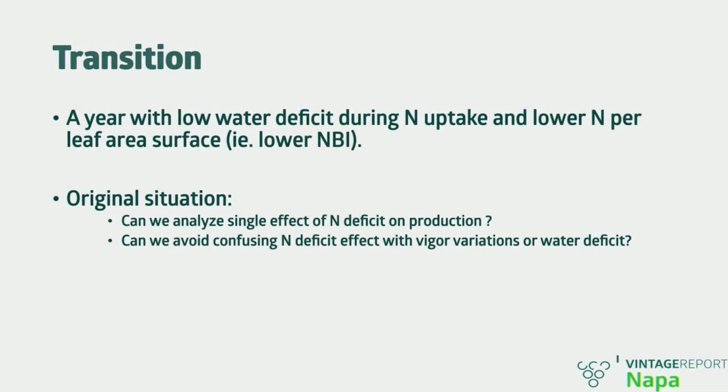So with that context in mind, we have this very unique situation where the stage is set to have a low water deficit during nitrogen uptake, but still we have nitrogen deficit. It's a unique situation. If you look at the literature, everywhere it's written that nitrogen deficit and water deficit are intertwined. There is little work looking specifically at nitrogen deficit effect regardless of water deficit variations or vigor variations.